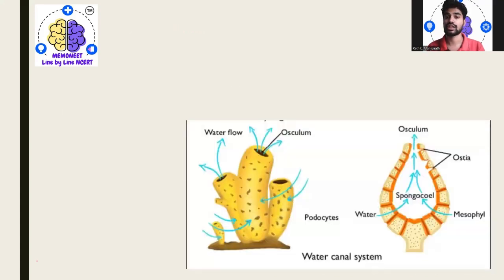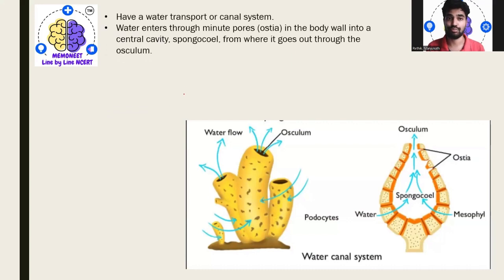A very important thing about phylum Porifera is that they have a water transport system, or canal system. As you can see here, water enters through minute pores called ostia.